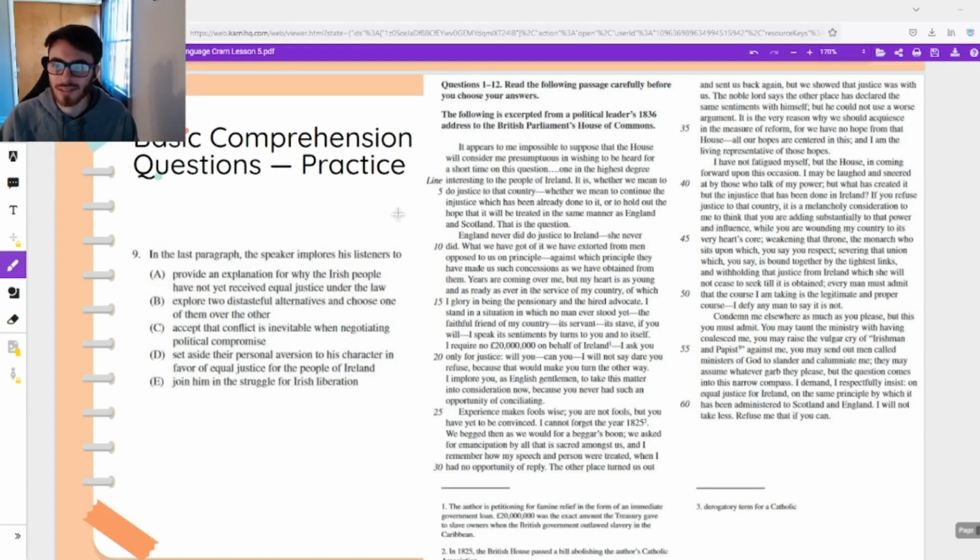This question asks, in the last paragraph, the speaker implores his listeners to what? One note here. As we go through this practice, a lot of the questions will tell us where to look. In those cases, for the sake of practice, we're not going to read the entire passage.